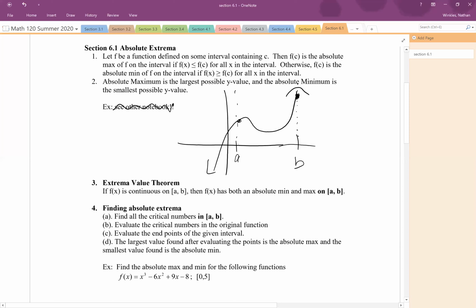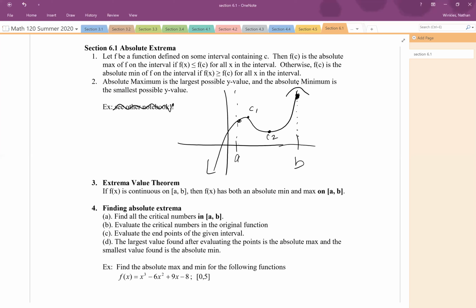Our C, so this could be, say, C2, this could be C1. So our C values are our critical values. So we're going to have a process that's going to be an abbreviated piece of our relative max and relative min.